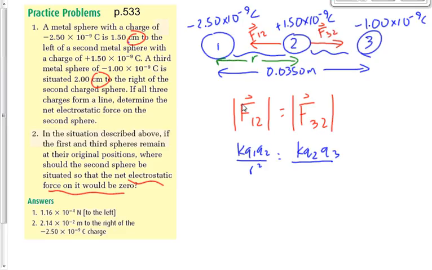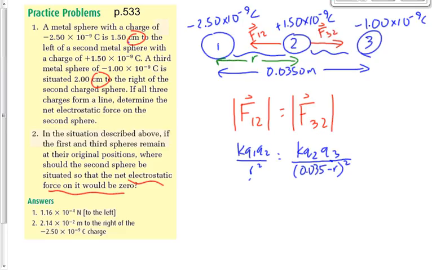We represent the distance here by R. We represent the distance here by 0.035 minus R. That makes sense? You know what? That's a tricky step right there. Okay? That is a tricky step.